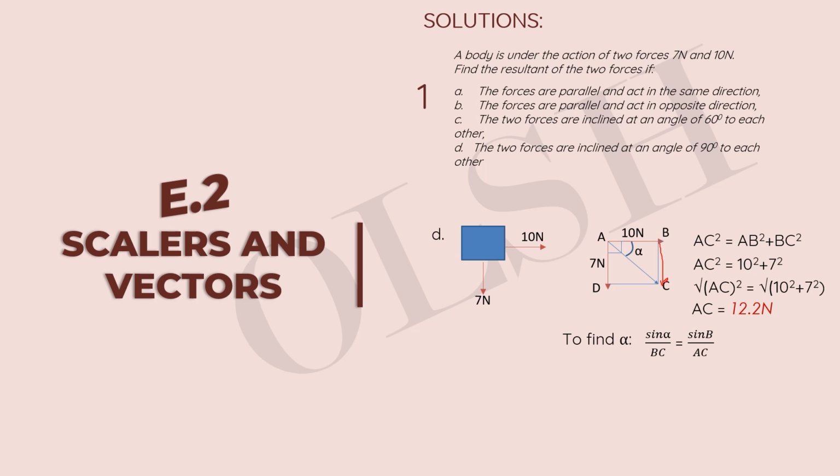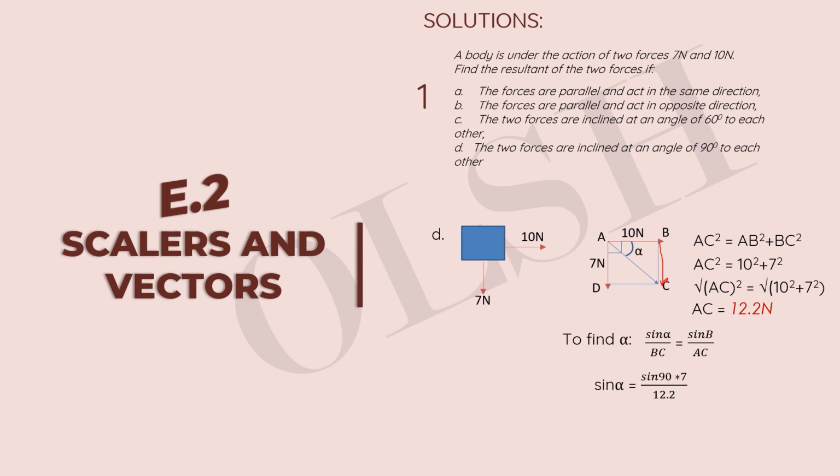That's how we make up the sine rule. Making sine alpha the subject of the formula, sine alpha equals sine 90 times 7, which is BC, divided by 12.2, which happens to be the resultant, AC.